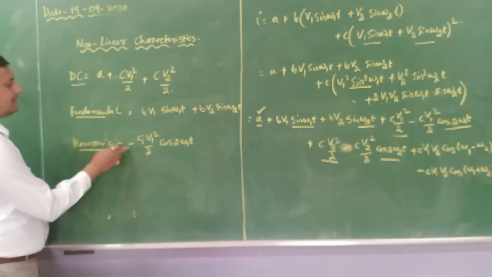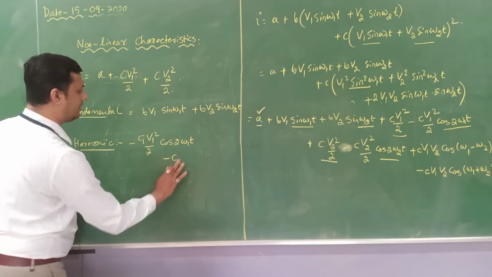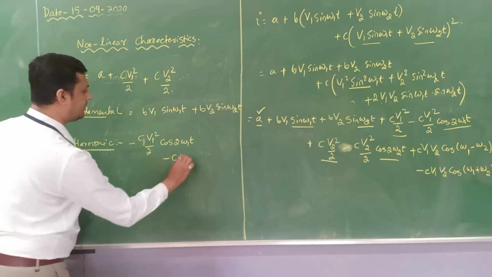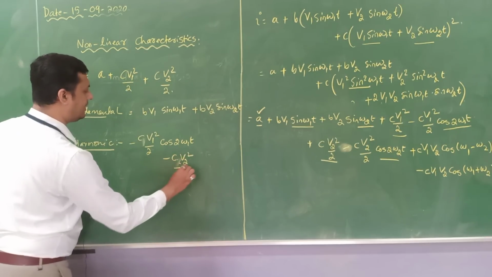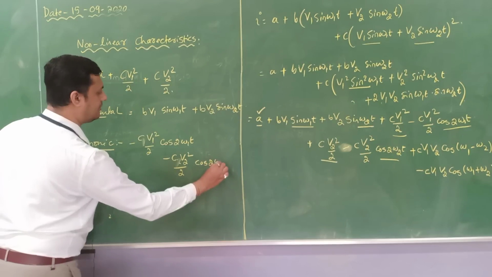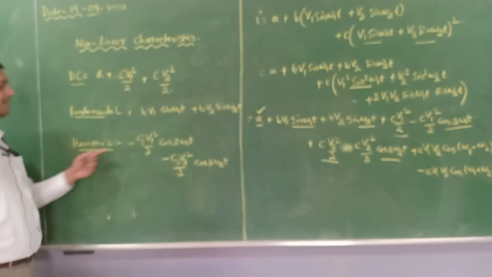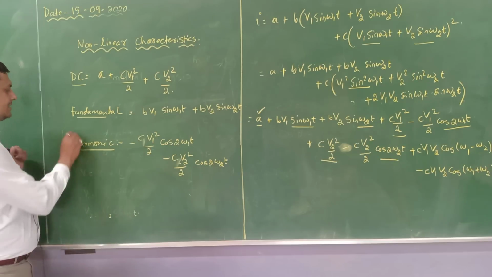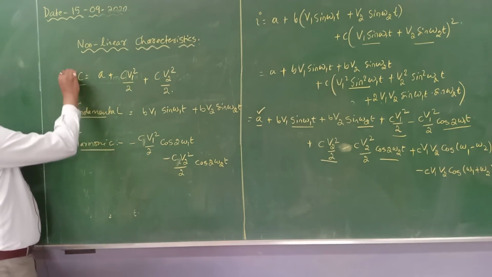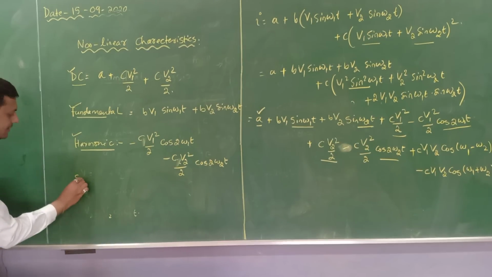Next, minus C V2 square divided by 2 cos 2 omega 2t. So this is the higher frequency component with a negative amplitude. This is the harmonic component, fundamental component, DC component, and what are the sidebands that are available?